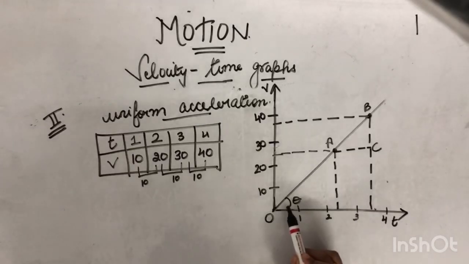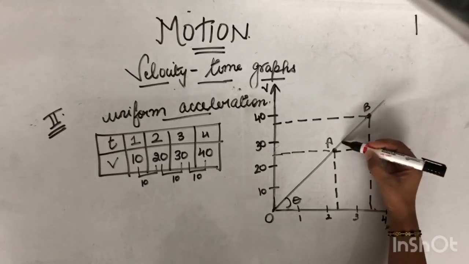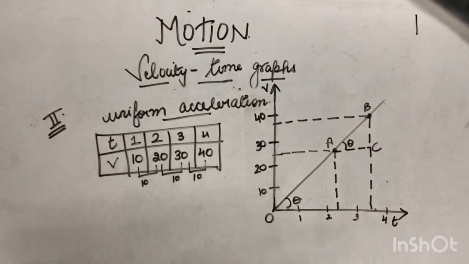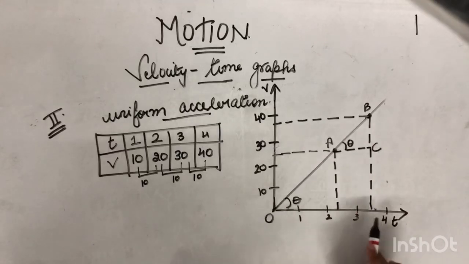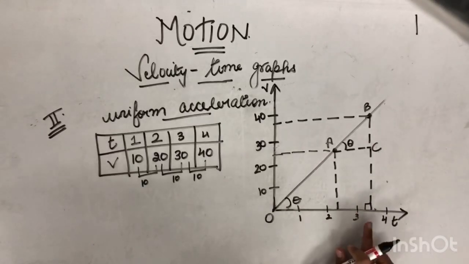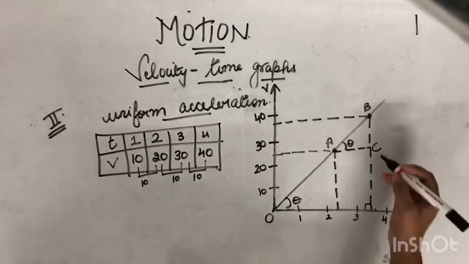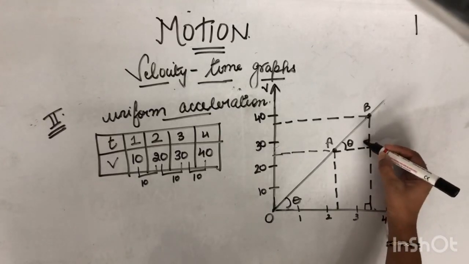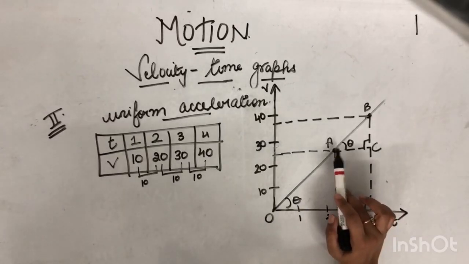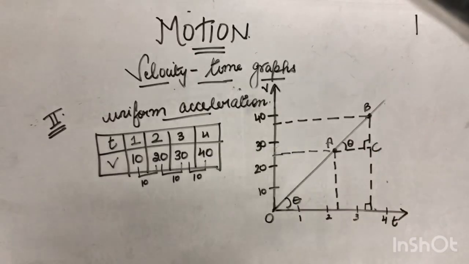So if this angle is theta, then this angle will be the corresponding angle. It will also be theta. Again, these two lines are parallel lines. We drew this perpendicular. If this angle is 90 degrees, then this angle will be 90 degrees. So we obtained a right angle triangle ABC.